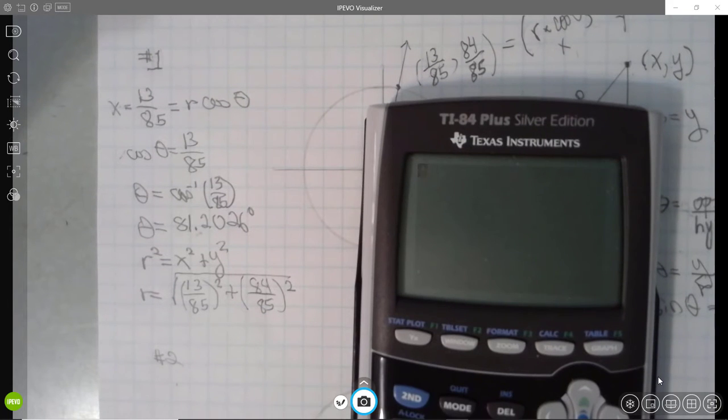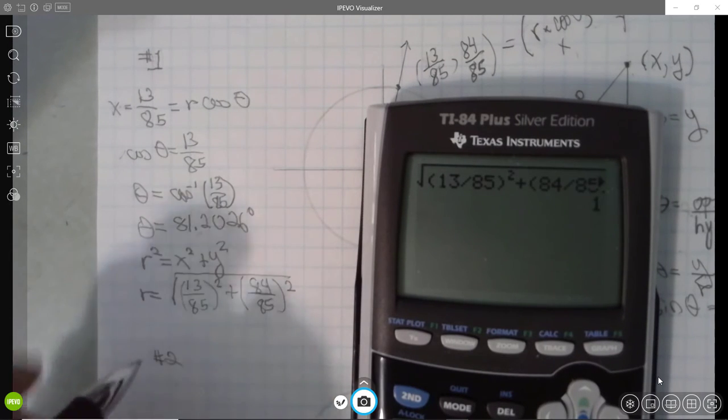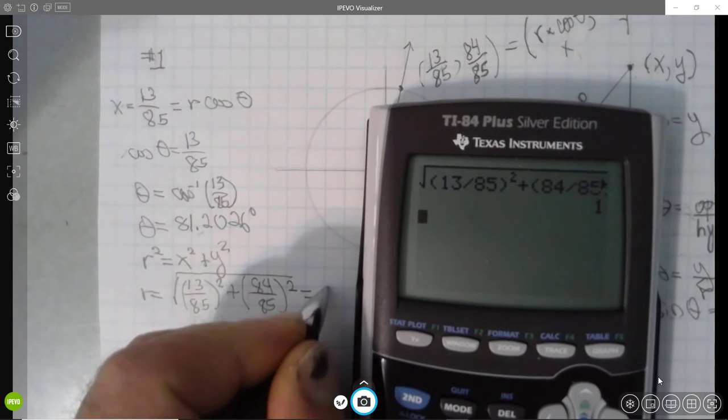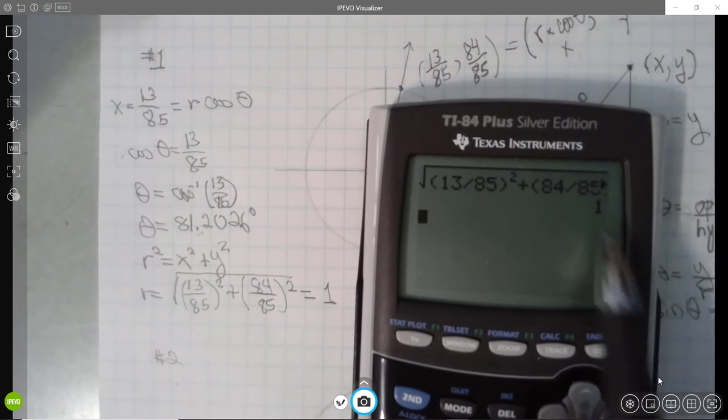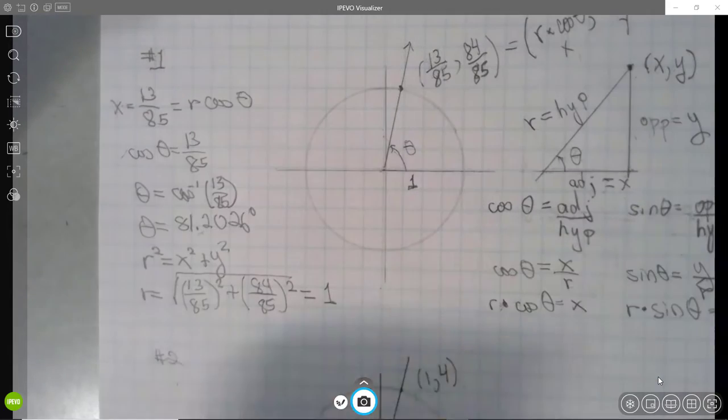So I want the square root of the sum, 13 divided by 85 squared plus 84 divided by 85 squared. And in this case, we came up with 1. So sure enough, this is in fact a unit circle.